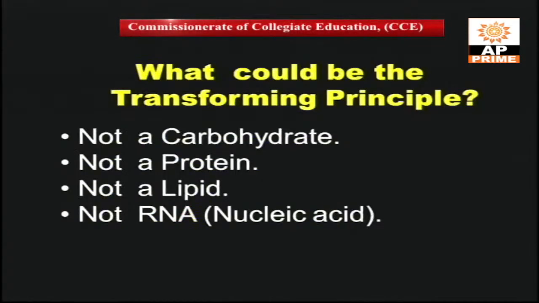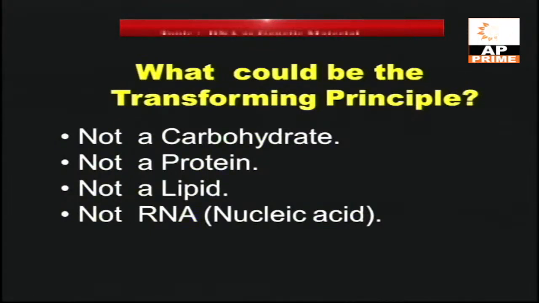Then what could be the transforming principle? It was confirmed by the researchers that it was not a carbohydrate, not a protein, not a lipid, not RNA. How could they confirm this? Being a carbohydrate, it would not have been precipitated by alcohol. So, it is very clear it was not a carbohydrate.